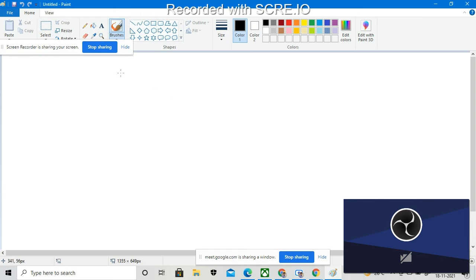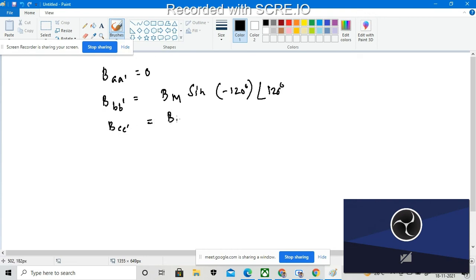My finding is that B of A dash equals 0, B of B dash equals Bm sine minus 120 degree at an angle 120, and B of CC dash equals Bm sine minus 240 degree at an angle 240 degree.